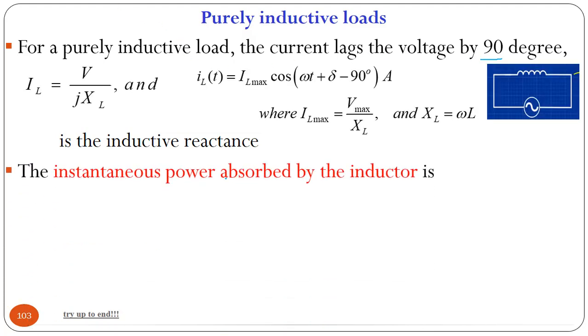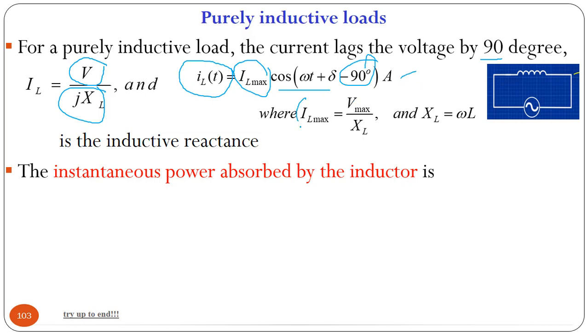So for the inductive load, the current is equal to the ratio of the supply voltage over the inductance value. The instantaneous current in the inductive load, i_L, is equal to the maximum current in the inductive load times cosine of omega t shifted by 90 degrees, measured in amperes.